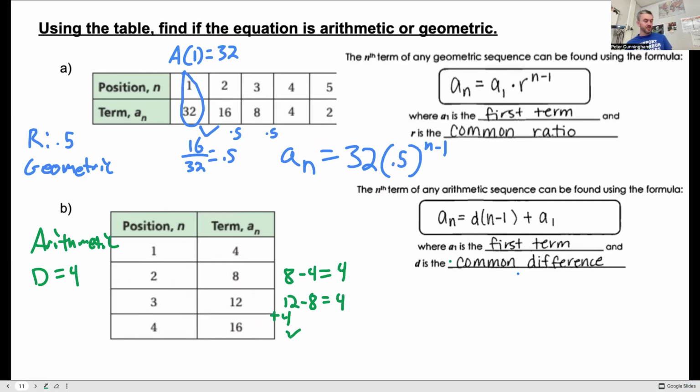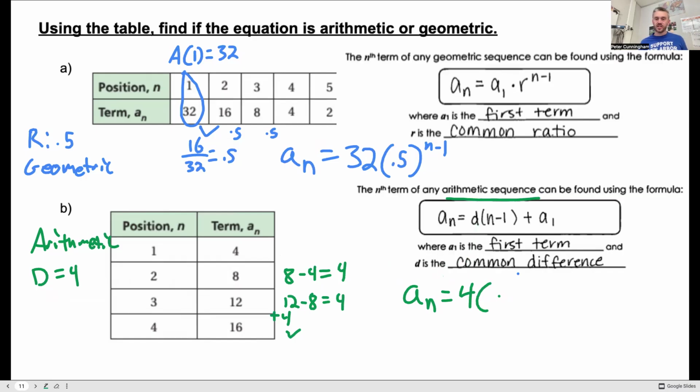Okay, so look on your sheets. You have an arithmetic formula, which you can use. So if you have an arithmetic sequence, you're going to take a of n. Again, a of n just says a of n. It's just a fancy way of saying y, like we're saying y equals here. So a of n equals d. Don't write d. Write what you found the difference to be. We found the difference to be 4, which is right there.